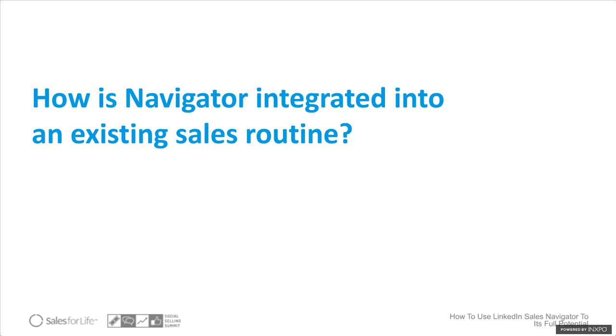Go for it, Ali. I guess for myself, the way we've integrated it is we've made it a part of a cadence. Many of you have been trained on cadences, sequences of communication, whether it's a sequence of emails followed up by phone calls. We've integrated Navigator as part of our cadence. Do we do a first touch point through looking at someone's profile or building a lead builder around that?